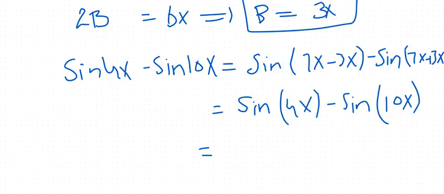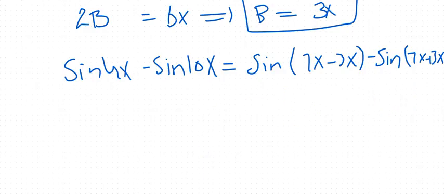So as you know, the answer of sine 4x minus sine 10x equals minus 2 cos A sine B.